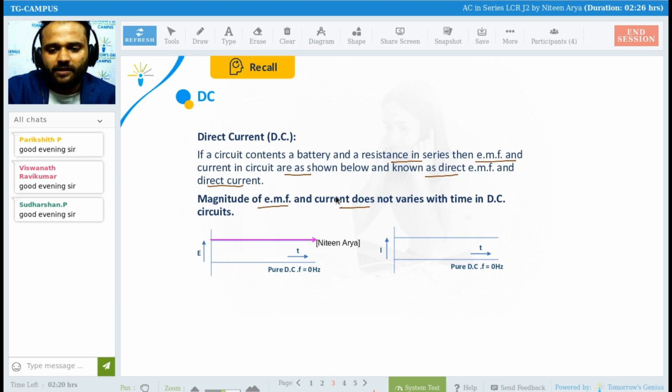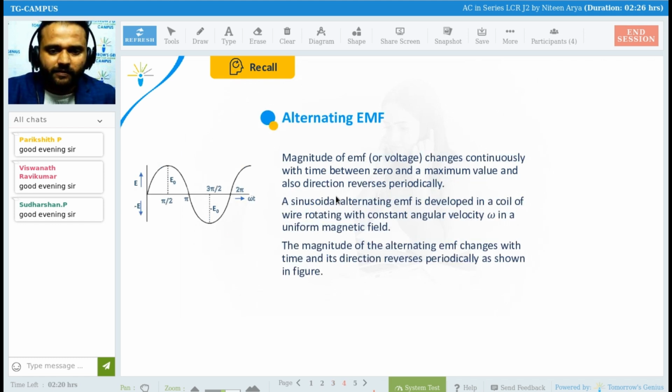It is not going to vary with time, whatever the frequency is. So frequency is not going to change, it is going to be zero, because it does not vary as the alternating EMF or alternating voltage or alternating current does. Is this clear, everyone? So that is the basic thing.